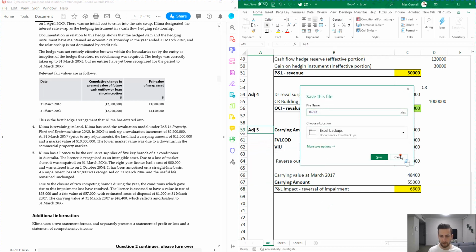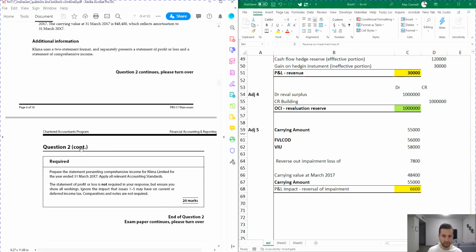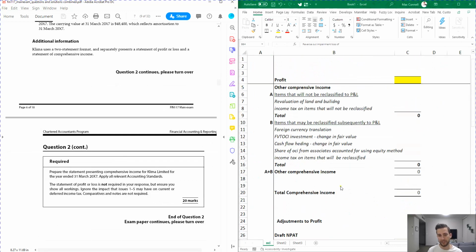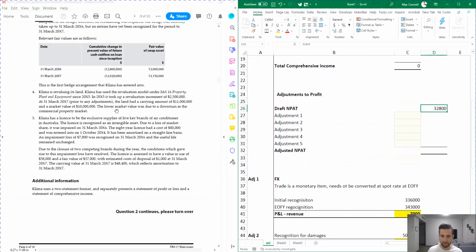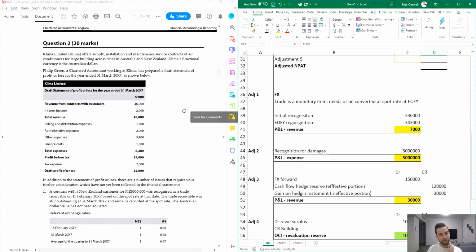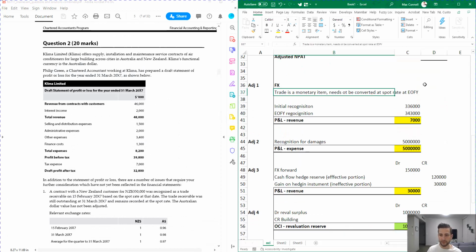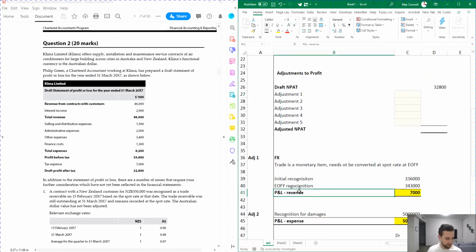Okay, so now we've got all the information we need to adjust the profit and loss. Let's start off. We've got our draft profit and loss up here. Our net profit after tax is $32.8 million. The first adjustment is for P&L revenue. So I'm just going to link that there.